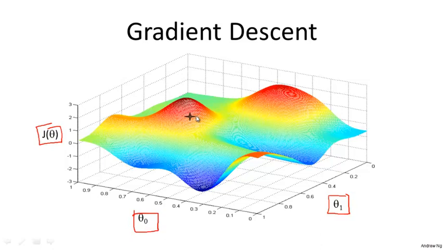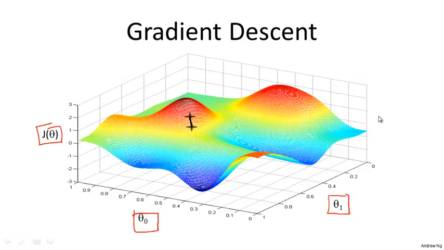We're going to look all 360 degrees around us and try to find the direction so that if I take a small step downhill in some direction, I end up reducing J of theta, or going downhill as much as possible. So starting from this cross, you look all 360 degrees around you and take a small step downhill in that direction.